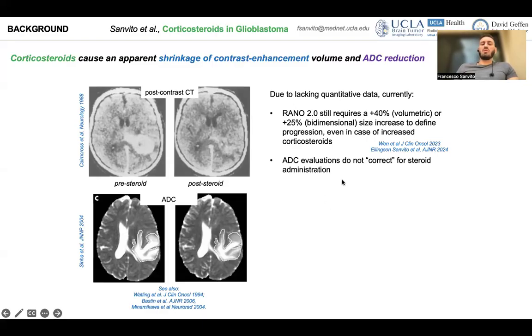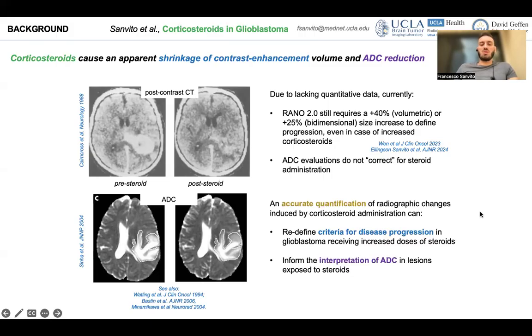For instance, RANO2 for clinical trial response still requires a 40% volumetric increase to define progression, even in cases where there is concomitant corticosteroid increase, which allegedly causes shrinkage. And ADC evaluations almost never correct or adjust for corticosteroid administration.